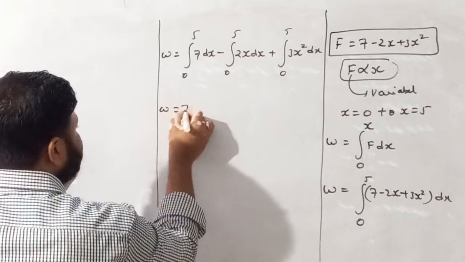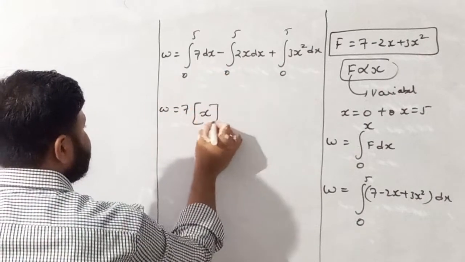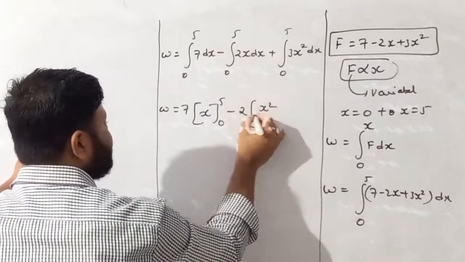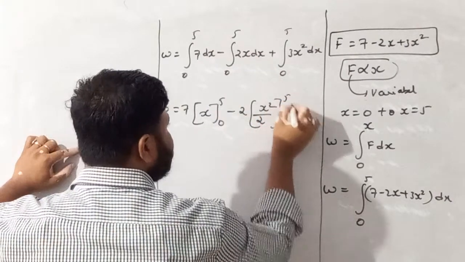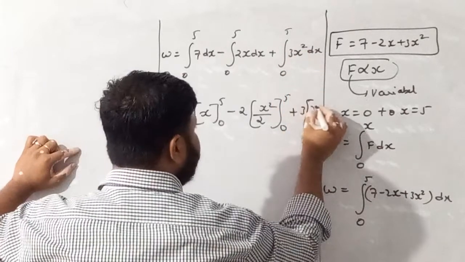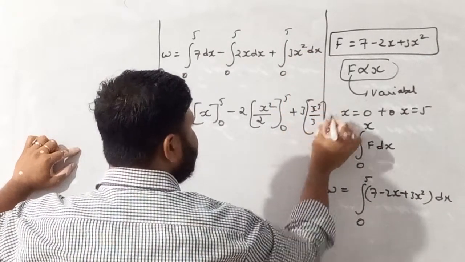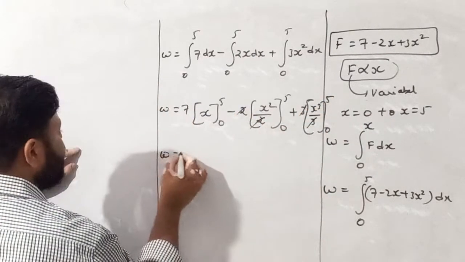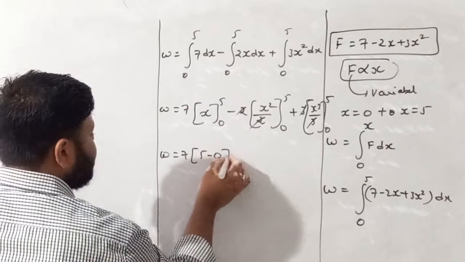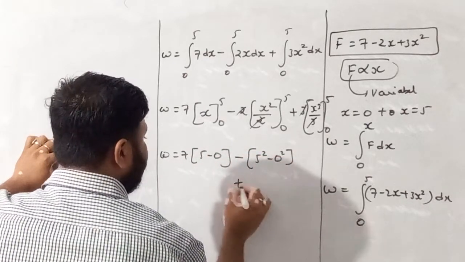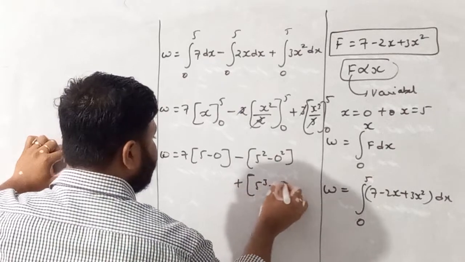So work done equals integration of dx is x, 0 to 5, minus 2 integration of x dx is x square by 2, 0 to 5, plus 3 comes outside because 3 is constant, x square dx is x cube by 3, limit 0 to 5. 3 gets cancelled, 2 gets cancelled. So upper limit minus lower limit, minus upper limit minus lower limit, plus upper limit minus lower limit.